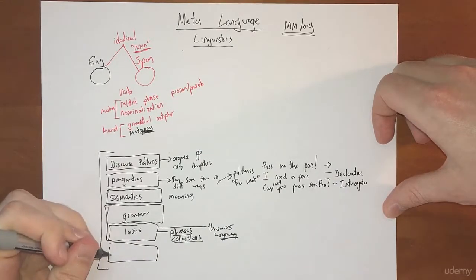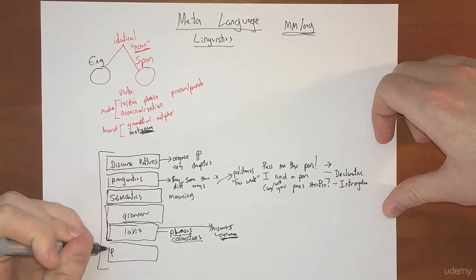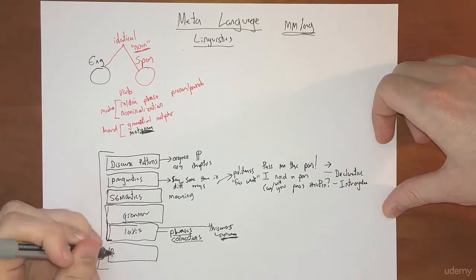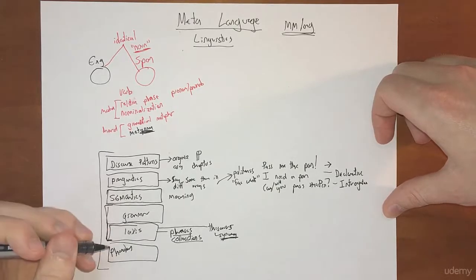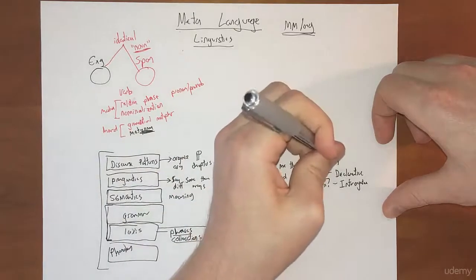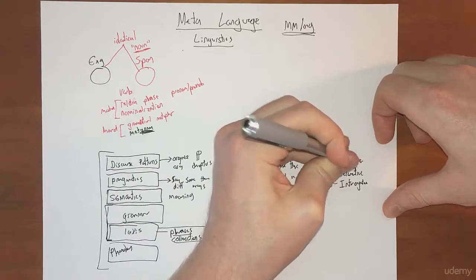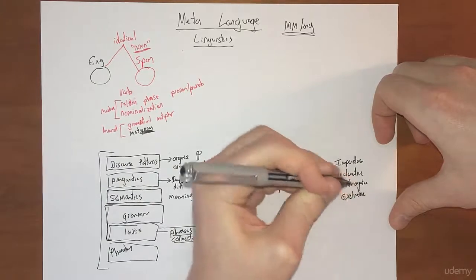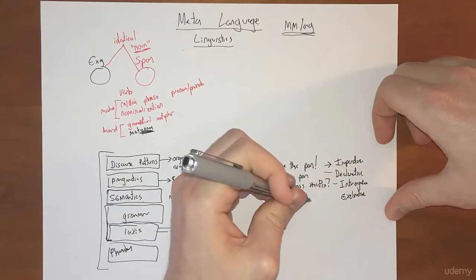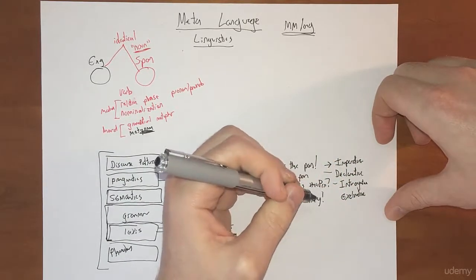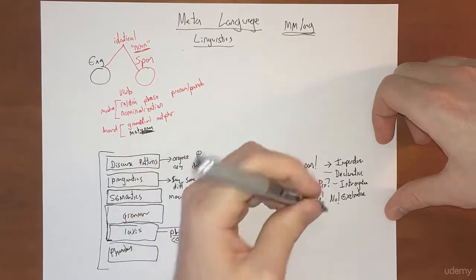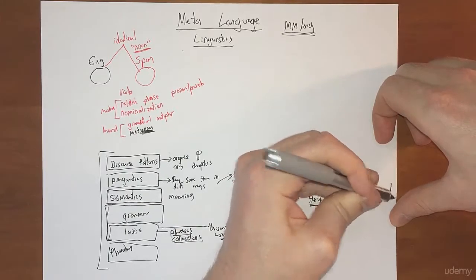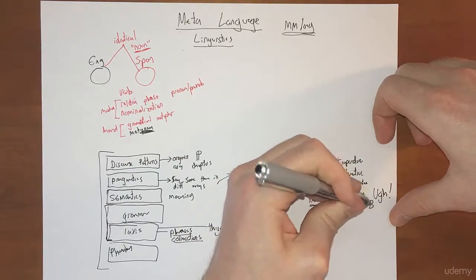Underneath lexis is the expression plane, which is either written or sound usually, but there's also sign language. So phonology is, okay, let's go back here, imperative. And then there's also the exclamative, which has a small amount of use, but it's like, hey, no. Okay, these little things that are very emotional, or ugh, or blah.